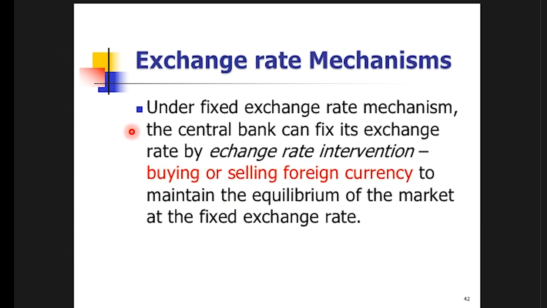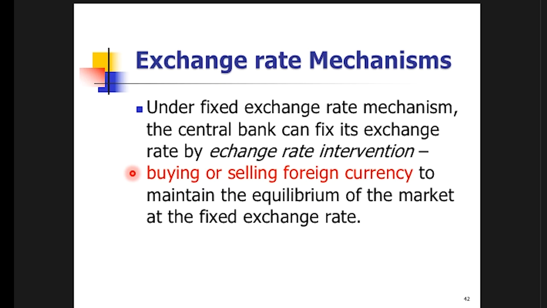The second mechanism for exchange rate is the fixed exchange rate mechanism. Now the central bank can fix the exchange rate by intervention, buying or selling foreign currency to maintain the equilibrium of the market at the fixed exchange rate.